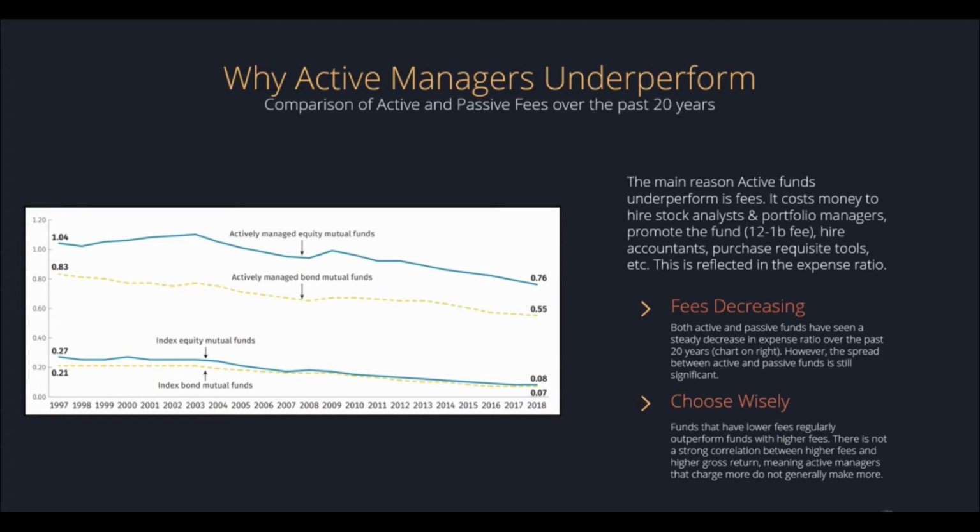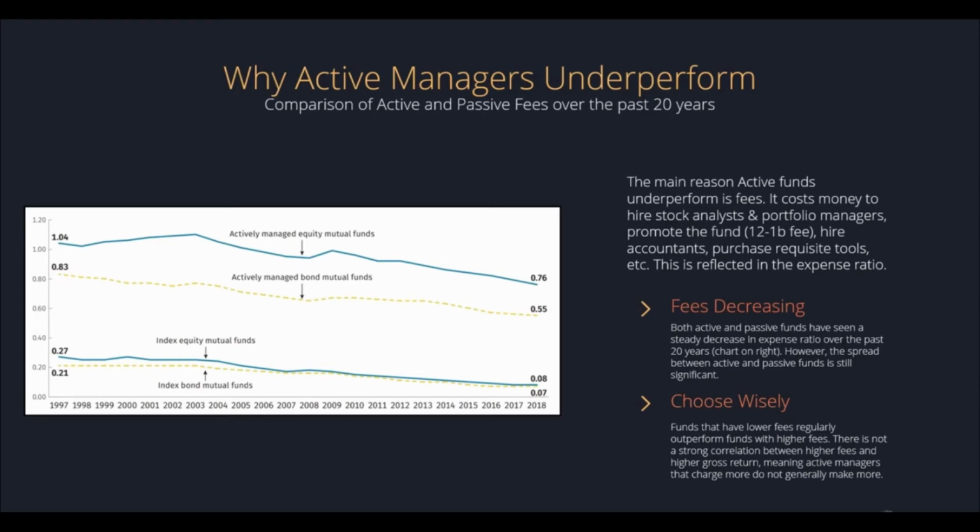Over time, we have seen the expense ratio, which is all of these costs combined together, go down for both active and passive investing. However, the spread between the two of them has still remained quite large. Okay, so we're talking roughly 0.5 to 0.7% difference between the two of them. And that may not sound like a lot, but if you compound that over several years, it becomes massive.